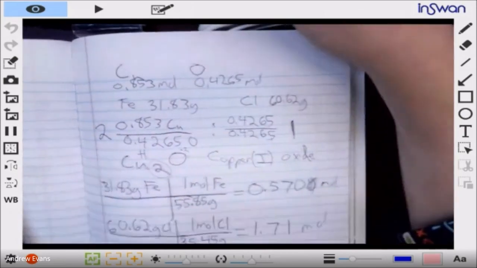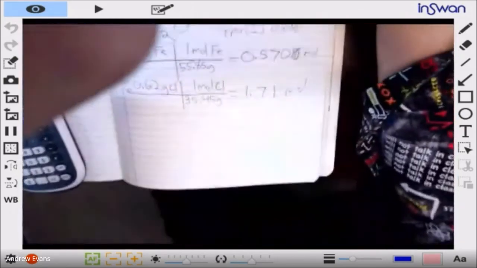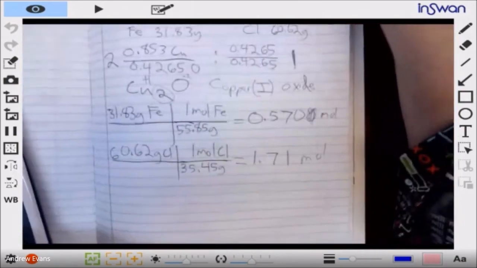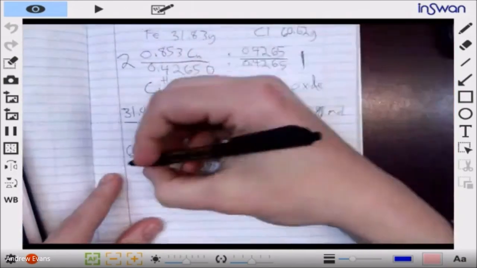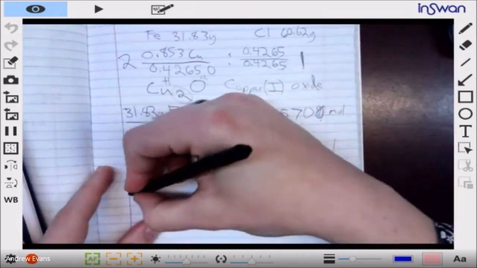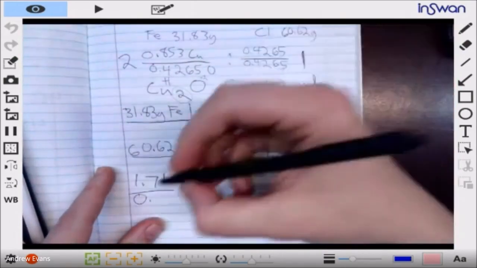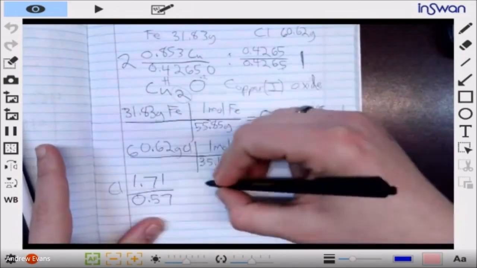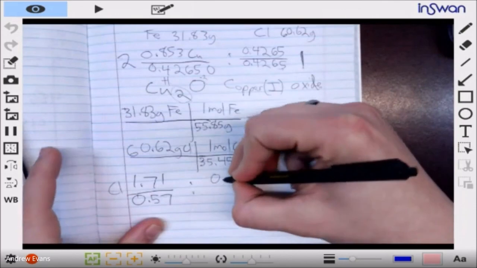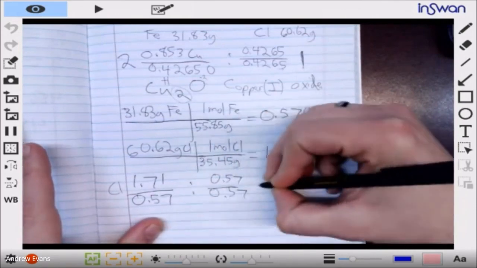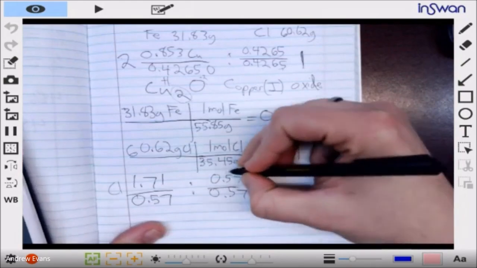So the actual ratio is closer to, taking 1.71 divided by 0.57, that's chlorine, 0.57, that's our iron.